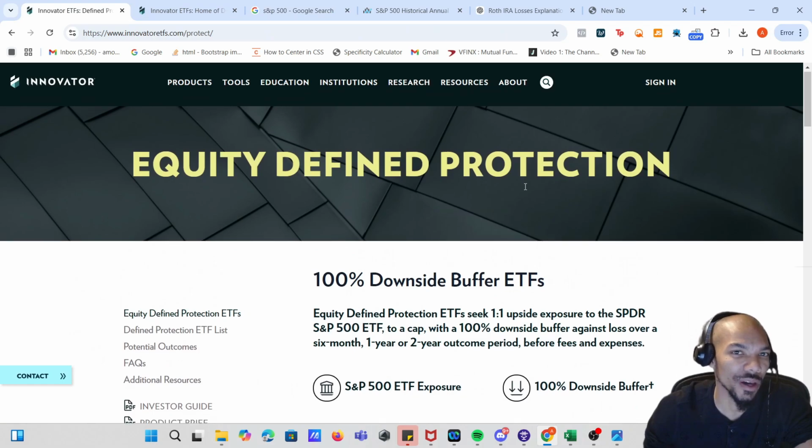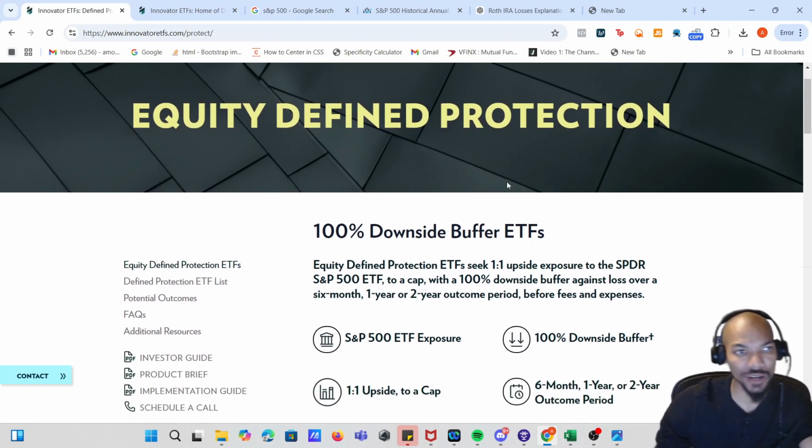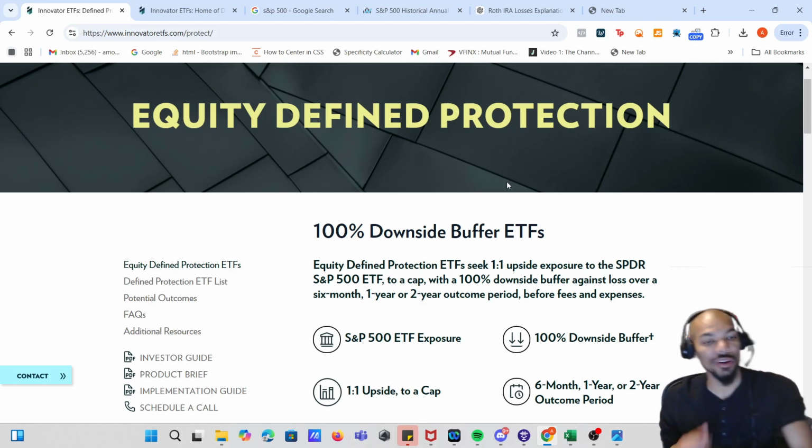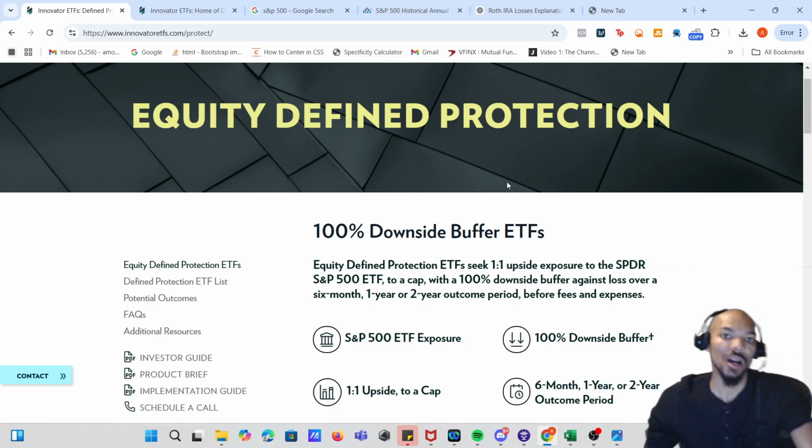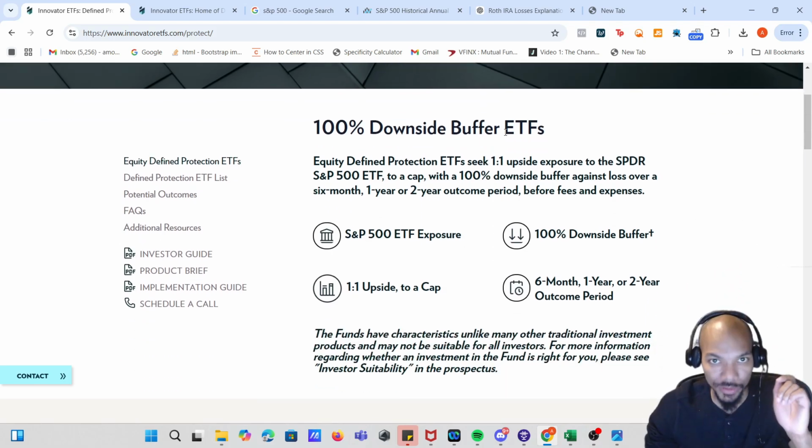So the name of this is by the company that makes these ETFs. They also have other companies, but the main company I'm going to go over today is called Innovators, and it's called Equity Defined Protection, 100% Downside Buffer ETF.